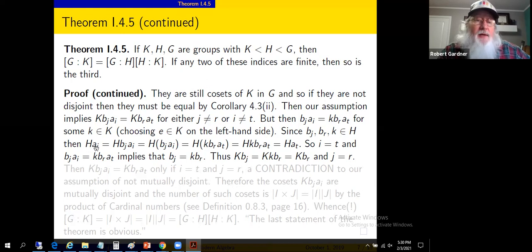So right coset H times A sub I is the same as right coset H B sub J times A sub I. What is that? Remember, B sub J is in subgroup H. So if I take B sub J and multiply it by all the elements of subgroup H, I simply get subgroup H back. It permutes the elements in some fashion.